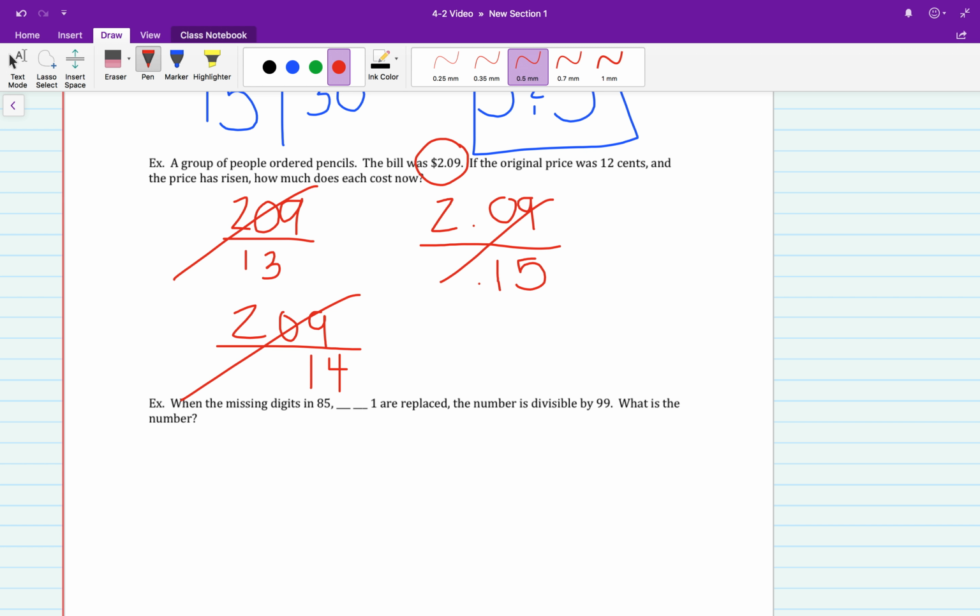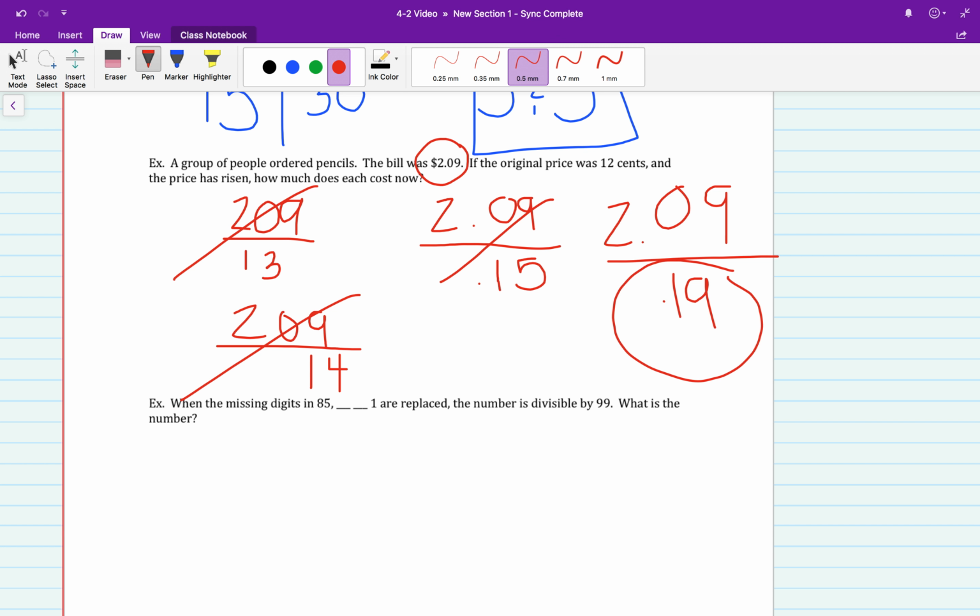So you can give that a try. If we divide either way, with the decimal or not, $2.09 divided by 19 cents, or 209 divided by 19, when I type that in, this one divides evenly, so that's my answer: 19 cents. So just kind of a real life example of when we need to think about divisors and something dividing evenly.